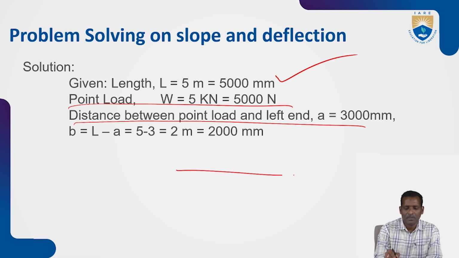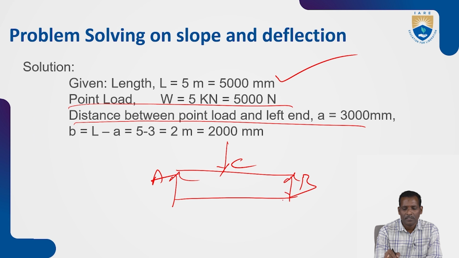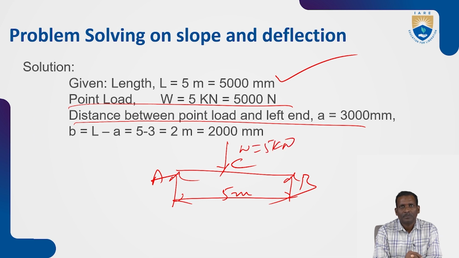So same as the previous problem, but the values are different here. A and B, C. So the length is 5 meter. The point load W is 5 kN.